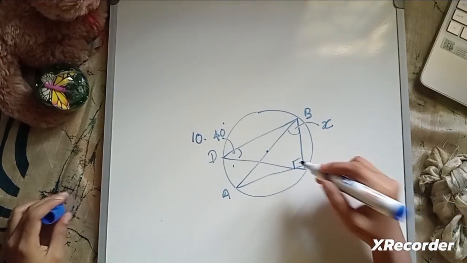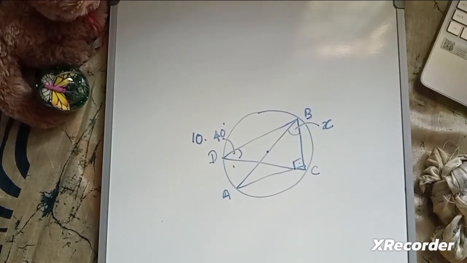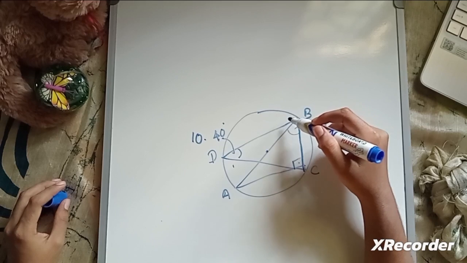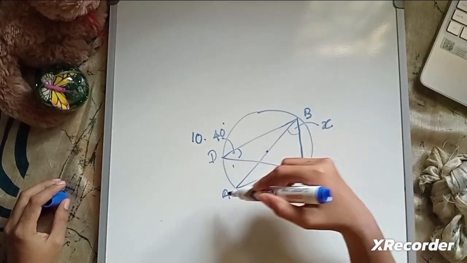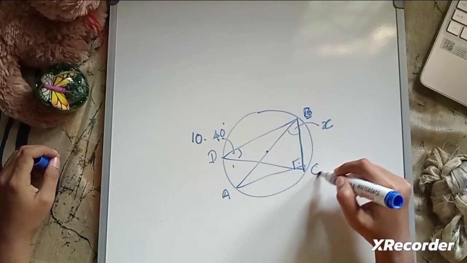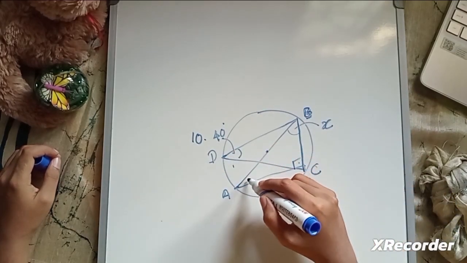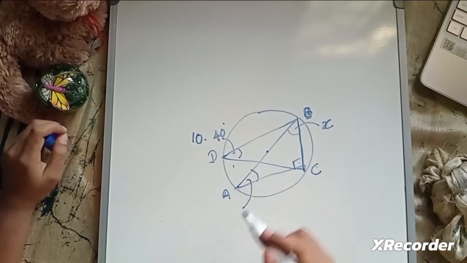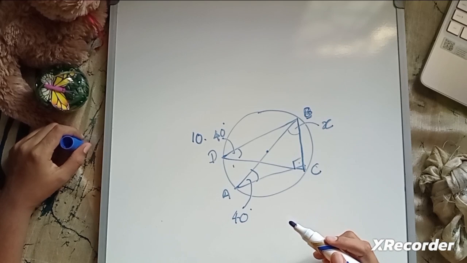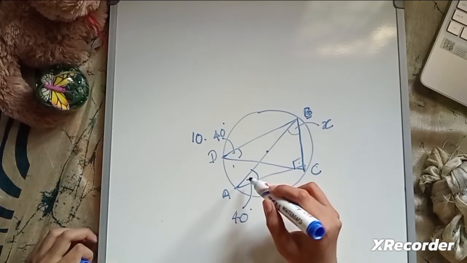From that we can say this is 90. And also you can see this BC is common to these two triangles. So this BC chord is common to these two angles. Since it is the same, we can say this angle or this angle is also 40 degrees. We know the magnitude of this one.